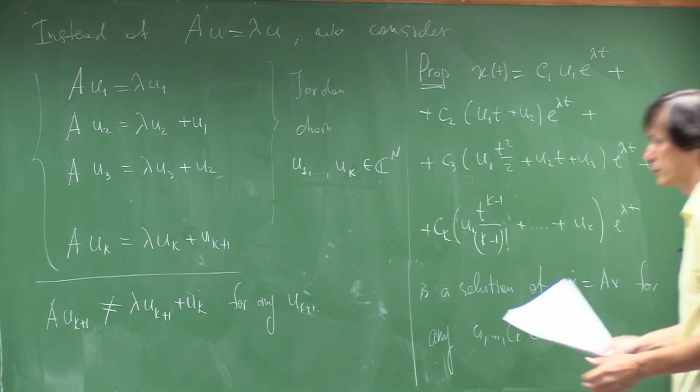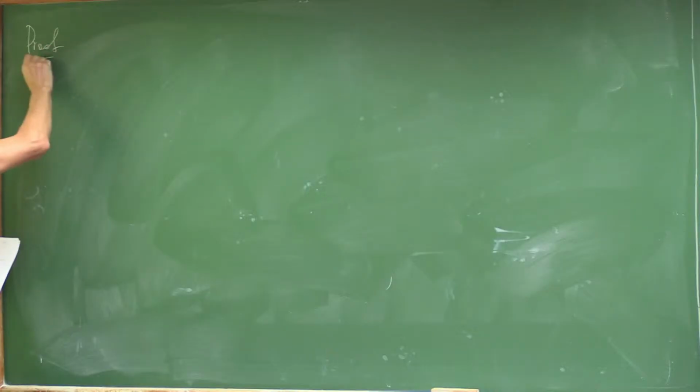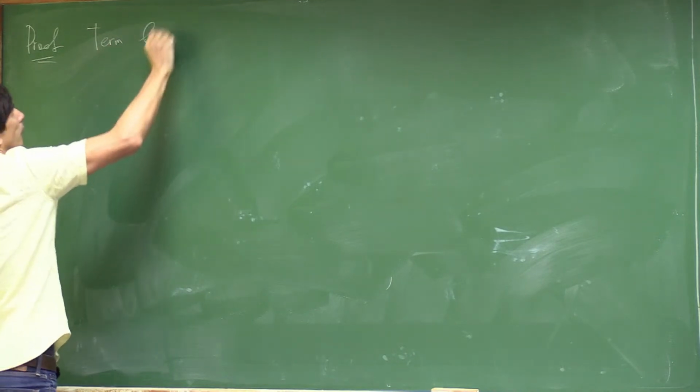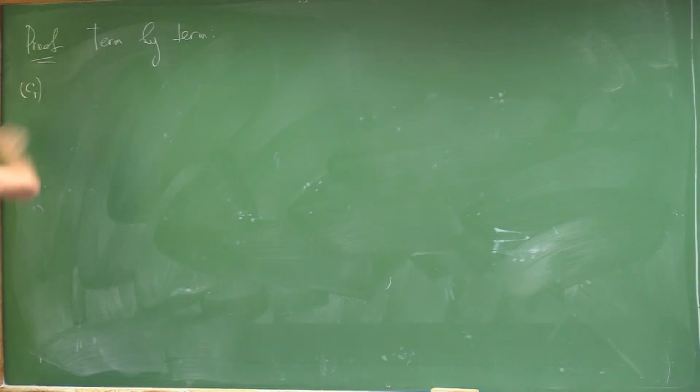Let's prove it. The verification is by just substituting and checking that it works. The proof: we can do it term by term. Let's first consider the term multiplied by C1, which we know.